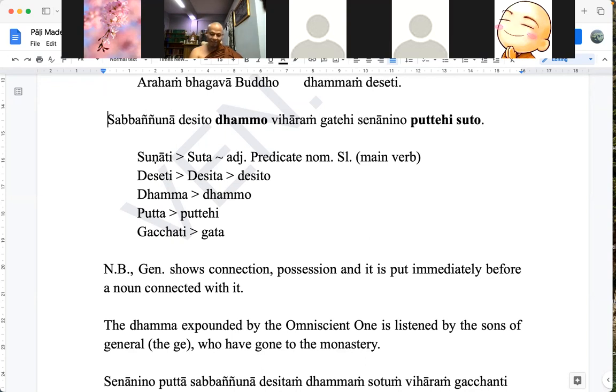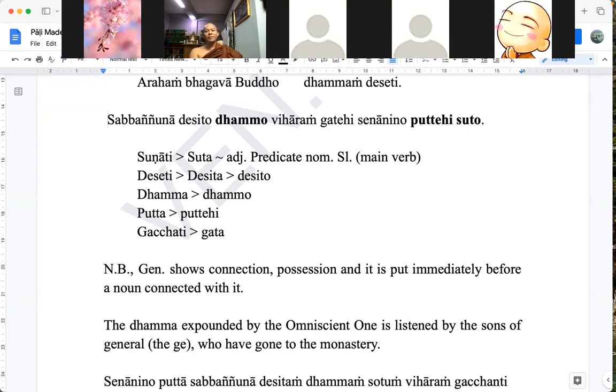So just in case, Bante, if the Pali sentence is not Dhammo but Dhammang, in that situation can we translate it like "the general and son has gone to the monastery and listened to the Dhamma expounded by the omniscient one"?